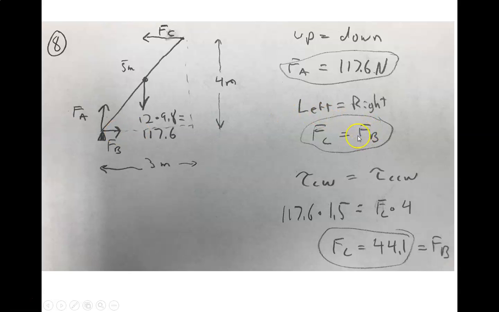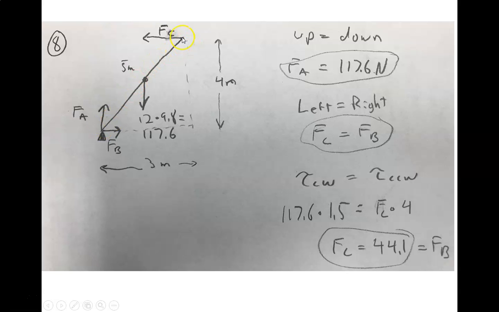The next thing we have to do is figure out either F_C or F_B. I'm going to choose this to be my axis of rotation because I have two unknowns here. Technically I do know this one, but when I chose this, it was an unknown.